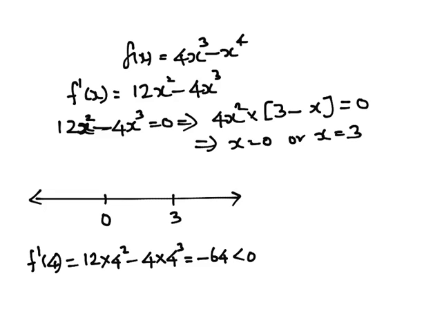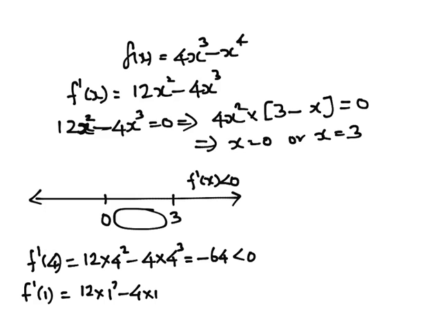So f dash of x is less than 0 after 3. Now let me take a value between 0 and 3. Let me take, let's say, 1 and substitute in the first derivative. f dash of 1 is 12 times 1 square minus 4 times 1 cube, which is 8, so positive. So f dash of x is positive.